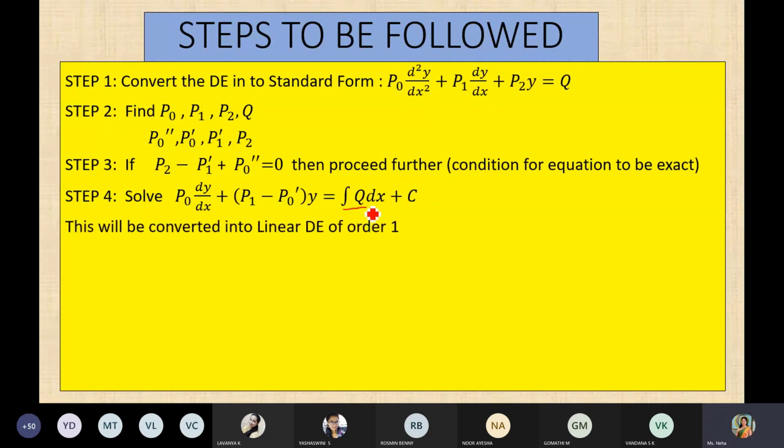And once you get the integral, you have to convert it into a linear differential equation of order 1. What is a linear differential equation? Order 1 means only a single dy by dx.